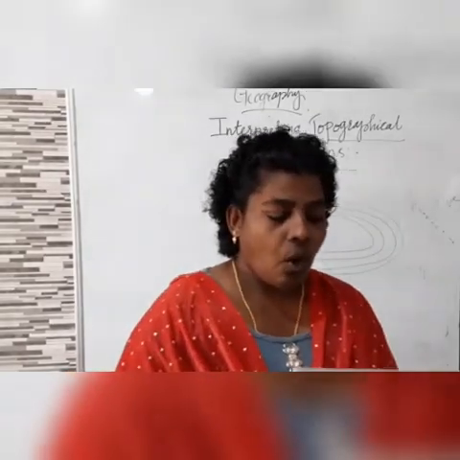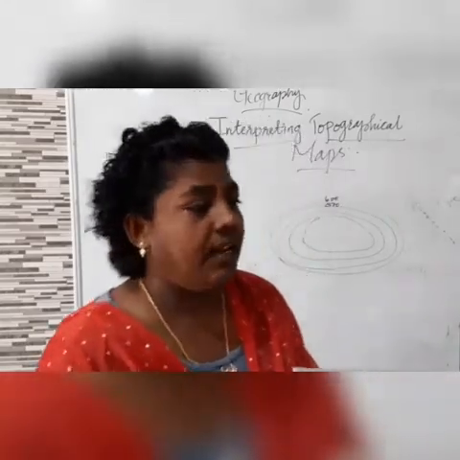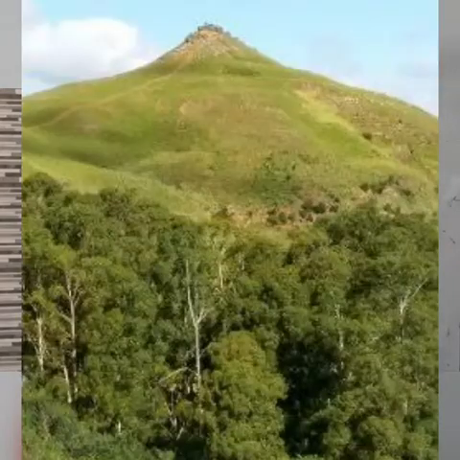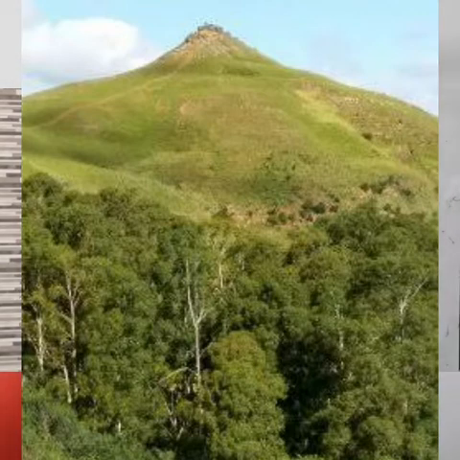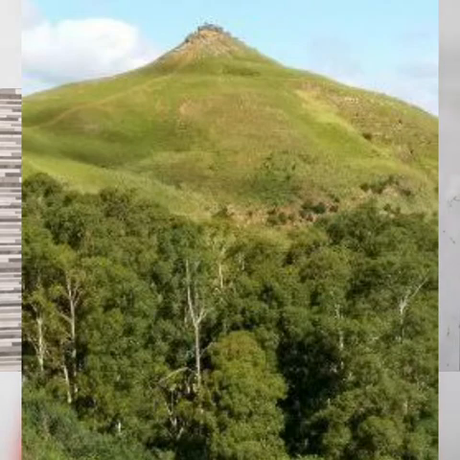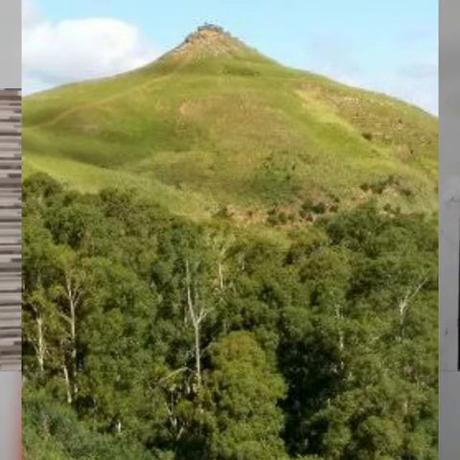Okay, now conical hill. How will you identify the conical hill? A conical hill is a place with a low elevation in the shape of a cone.